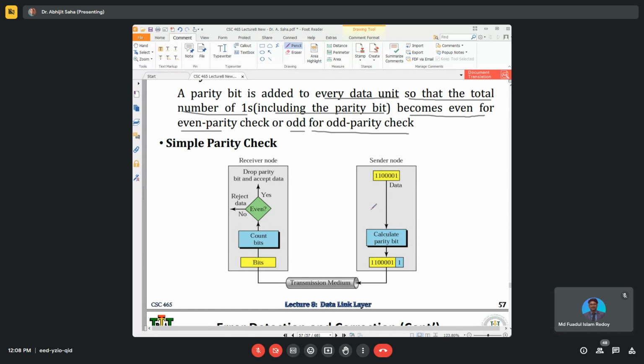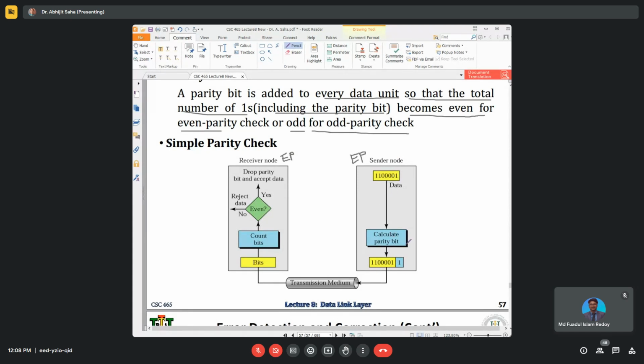If even parity has been used, that means both sides mutually accept the even parity. If odd parity is used, then both sides mutually agree that we are going to use the odd parity. So what is the even parity here?